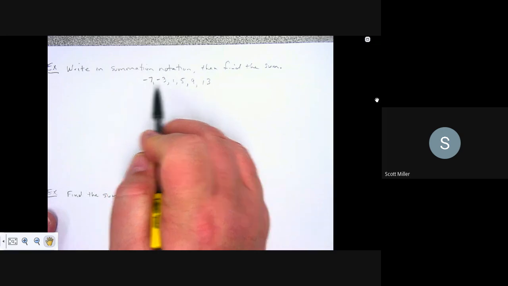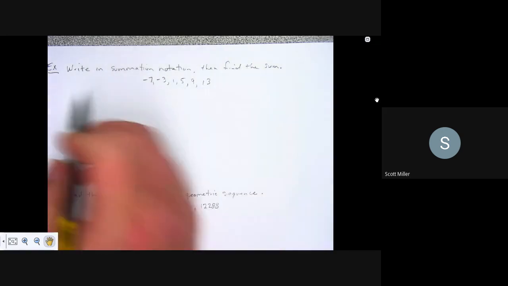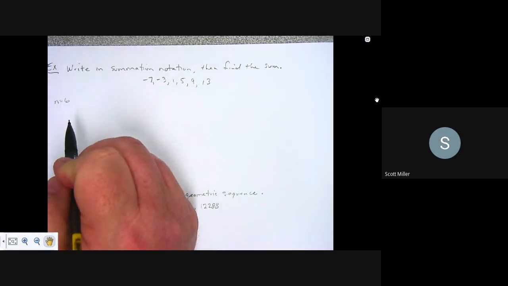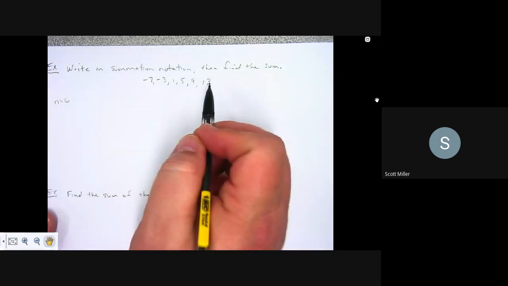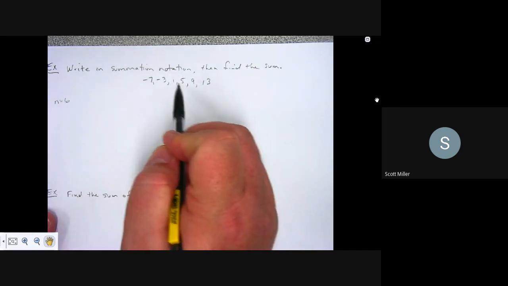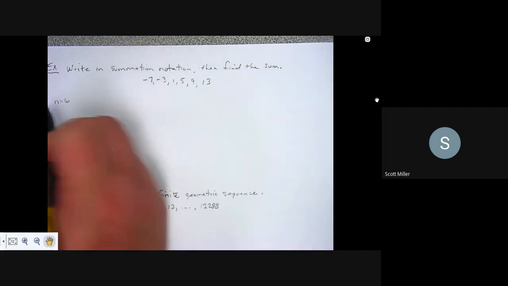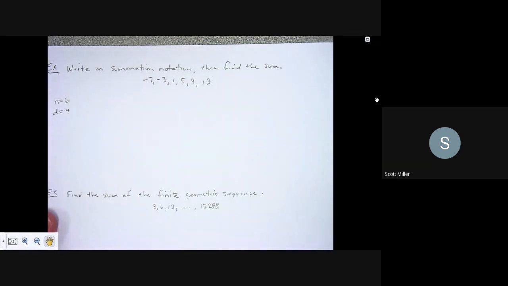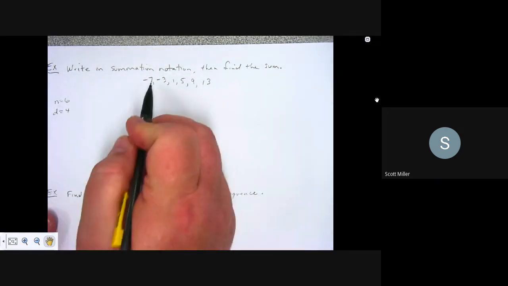So I can see that there are 6 terms. So that means in our formulas, n is going to be 6. This is an arithmetic sequence, so I need to know the common difference, which I can see clearly is I'm just going to add 4 each time. So that means d is 4. Okay, and the first term is -7.